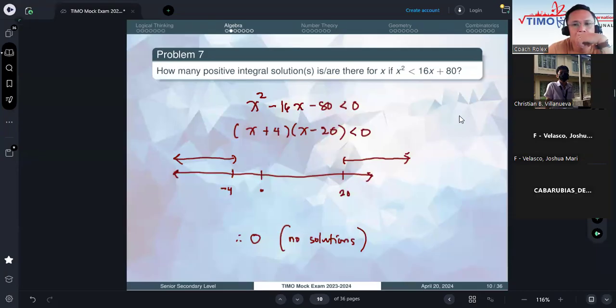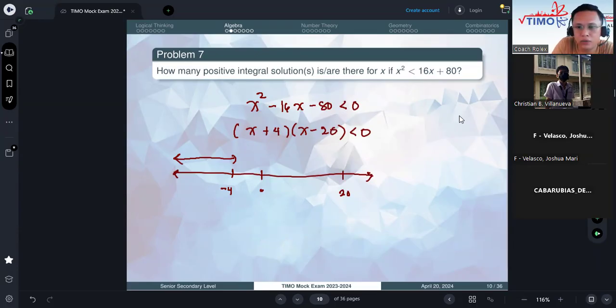No, no, wait, this is less than 20, and this is also less than. So if this is less than 20 and less than negative 4, okay, we'll try this one.